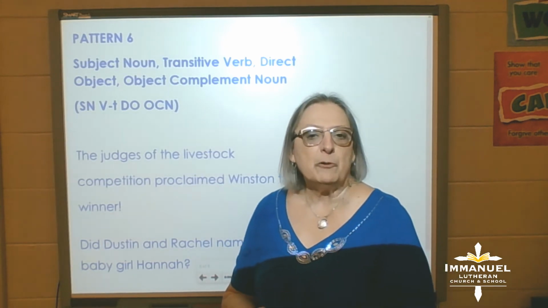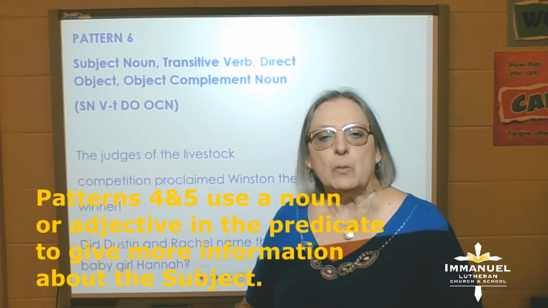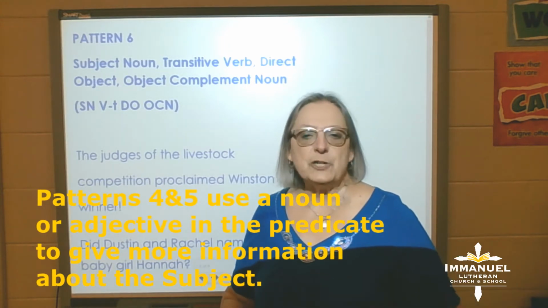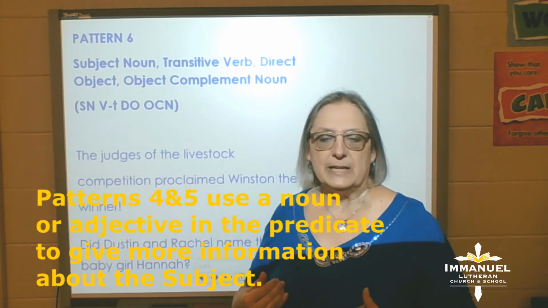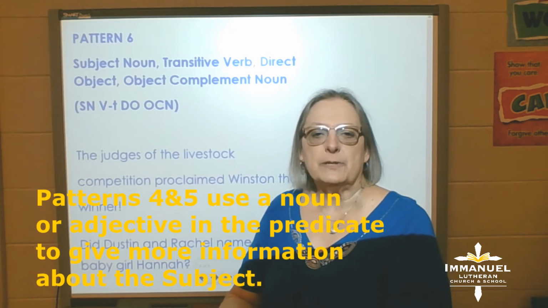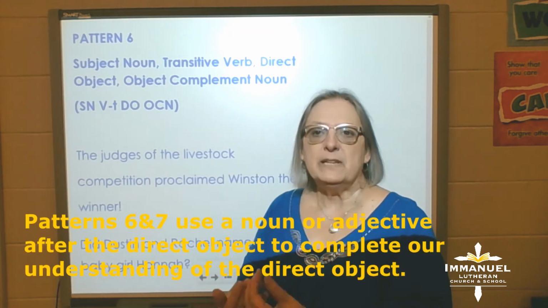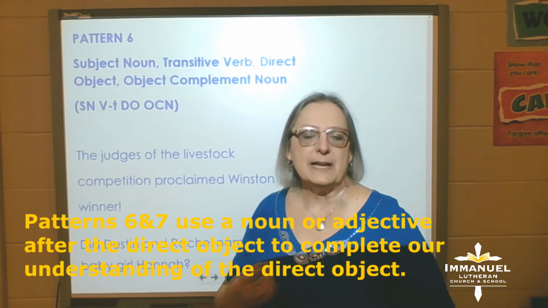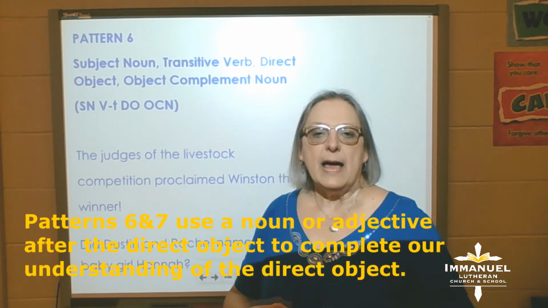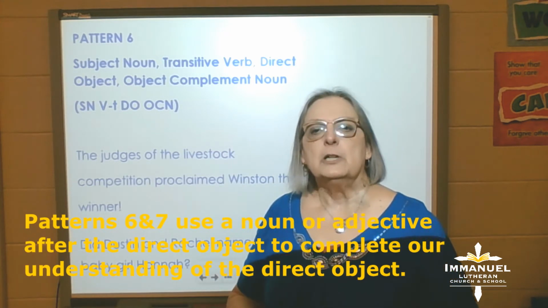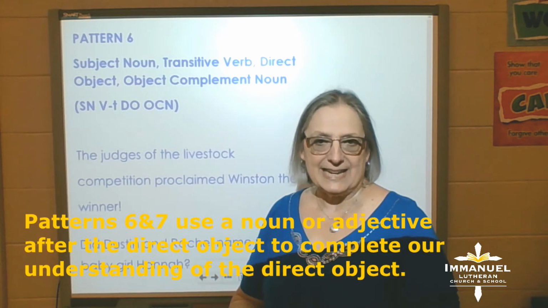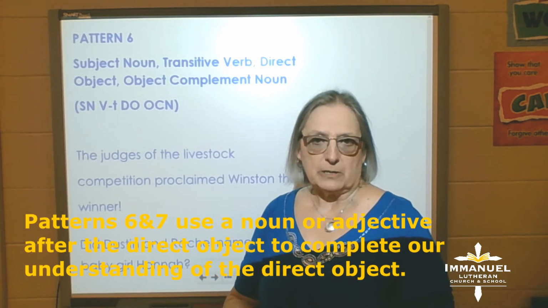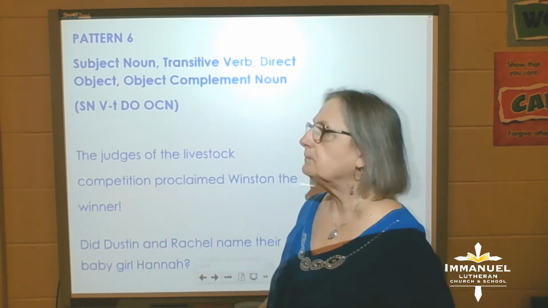Now, you remember in patterns 4 and 5, we used a noun or an adjective in the predicate to give us more information about the subject. But in these two patterns, we're going to use a noun or an adjective after the direct object to complete our understanding of the direct object. So let's see how that works.